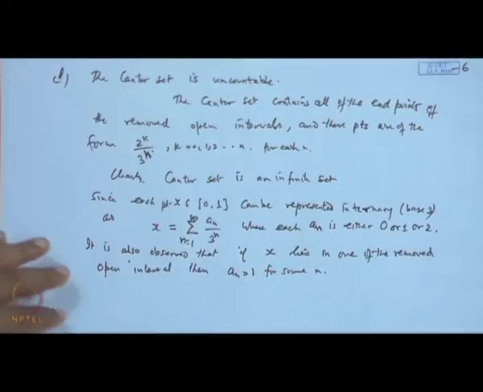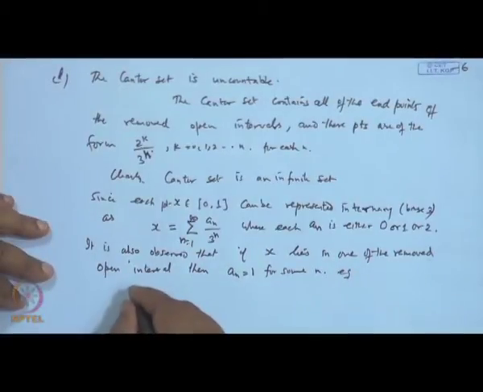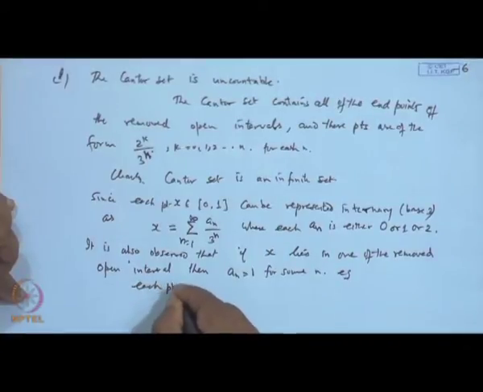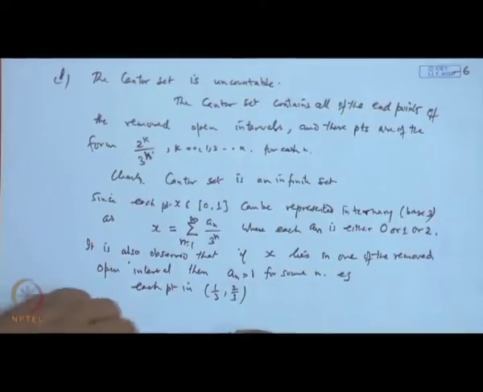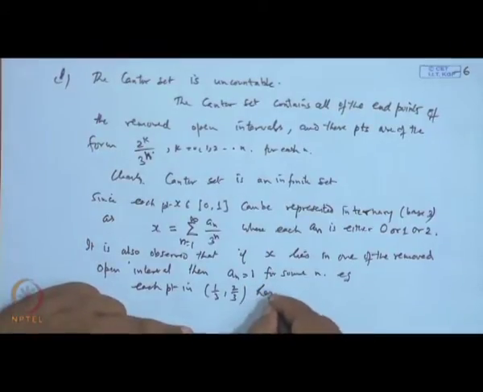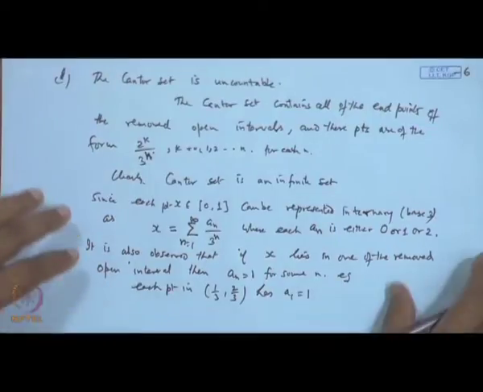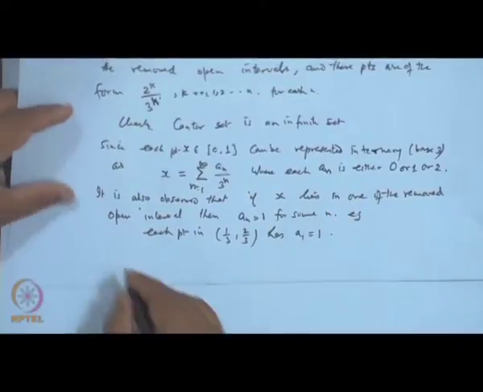For example, suppose I take each point in the interval 1/3 to 2/3. This is the dropped interval, and its first term a_1 is 1. Similarly for the other removed intervals.